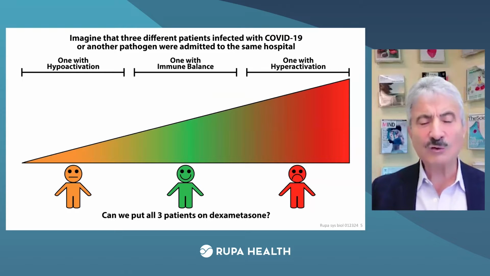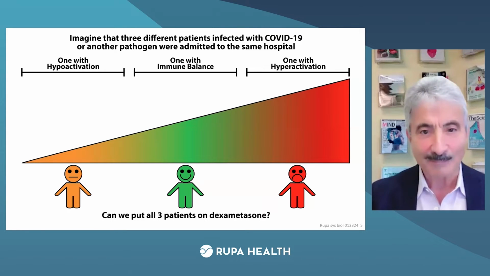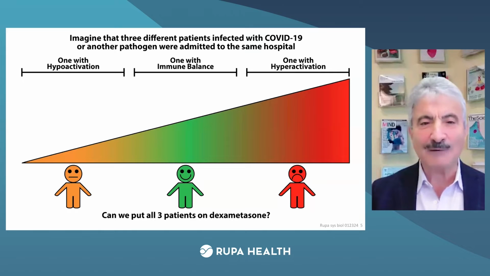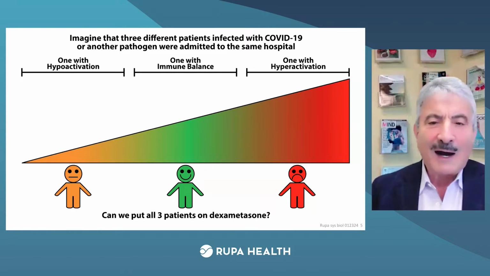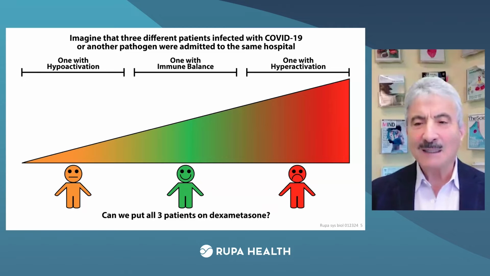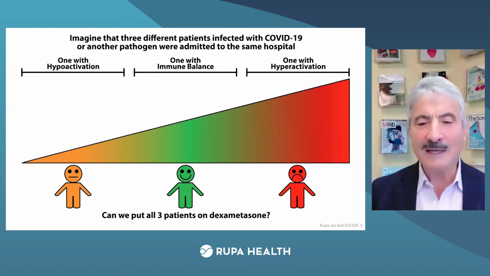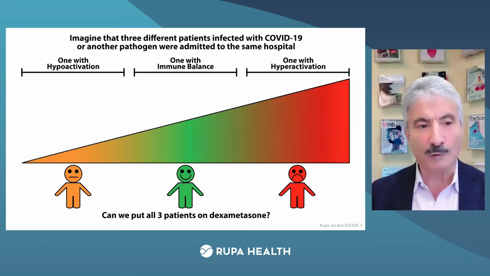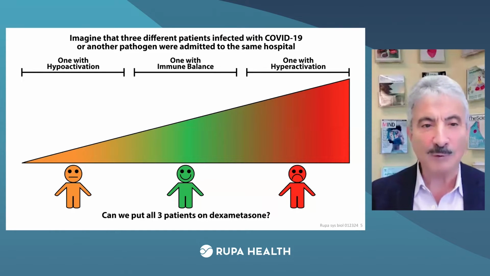So if each one of us has a different immunotype, then I'm asking, when three different individuals with three different immunotypes get infected with COVID-19 or other pathogens and get admitted to the hospital: one in the middle, which is the sweet spot, a balanced immune system; one with hyperactivation of the immune system, which is more prone to autoimmunity; and the third one with hypoactivation of the immune system, meaning immune deficiencies.